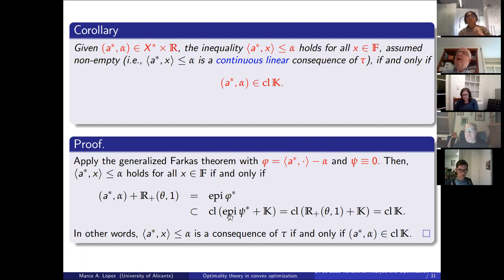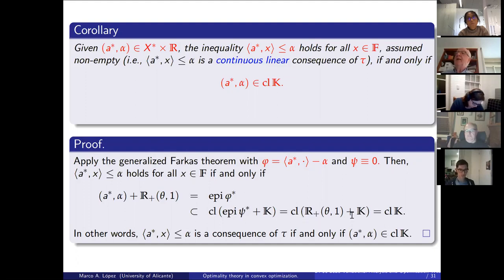the epigraph of the conjugate of this function, which is this half line, is contained in the epigraph of this set plus K. But it is precisely this term here, because it is the epigraph of the function 0.